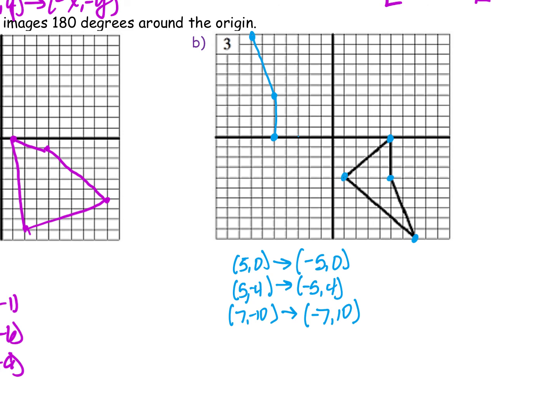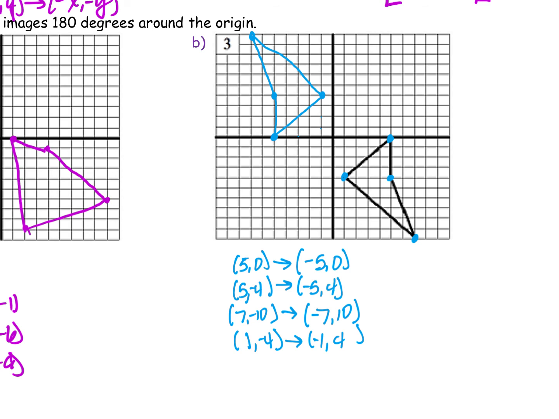And the last point is located at 1, negative 4. And it goes to where? Negative 1, 4. Is that what you said? That's not what you said, is it? Okay. There we go. Questions? Nice job, Chris.